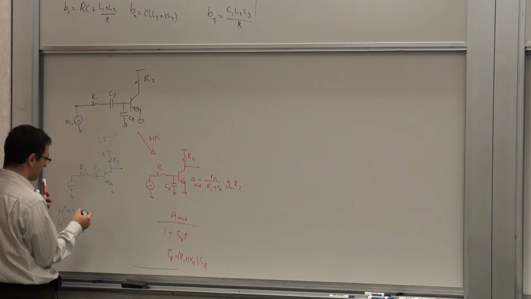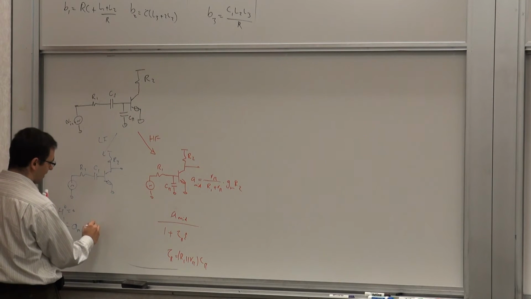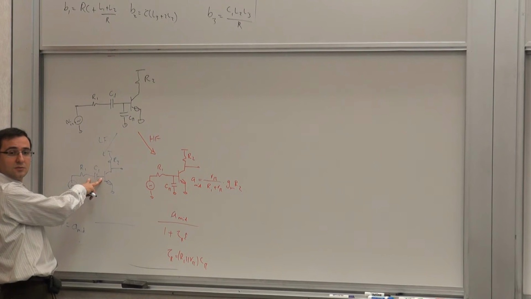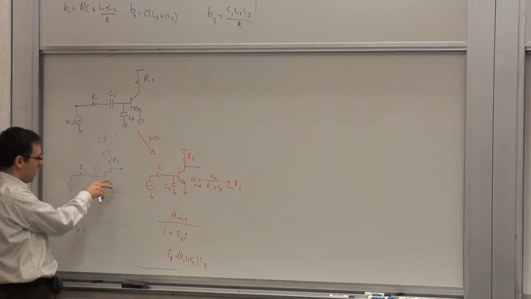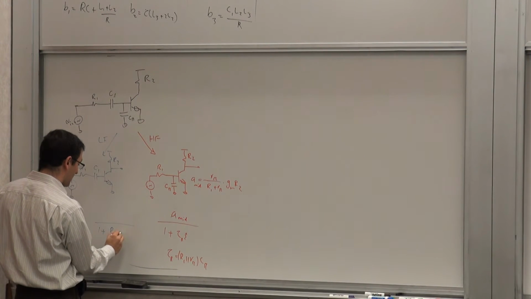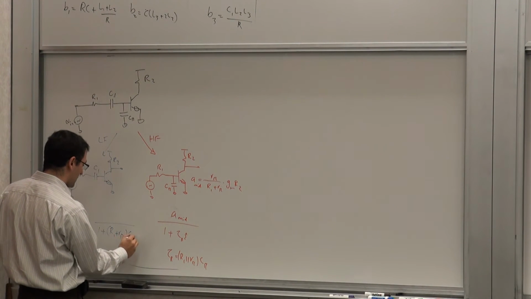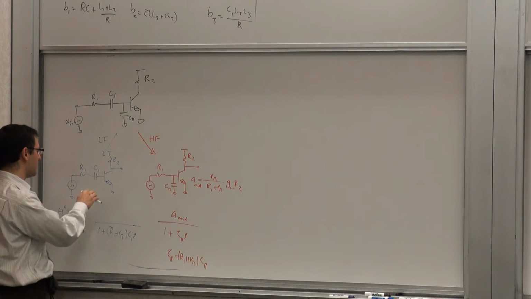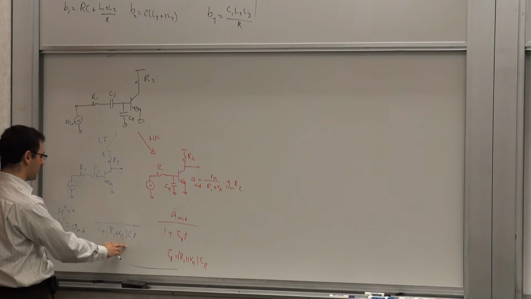So I have a pole and I have a 0. The 0, the time constant is the resistance C minus guy, C1. What is it? R1 plus R1. This is different, right? And then the 0 is happening in what? So what is H1 is C1, and the time constant is this.